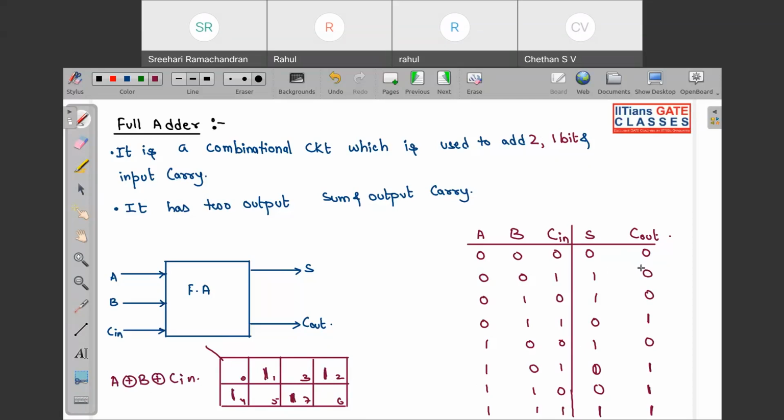And for C out, what will be the expression for C out? Can you calculate it yourself? If you make the K map, here we have 3, 5, 6, 7.